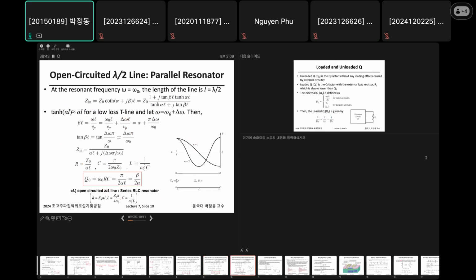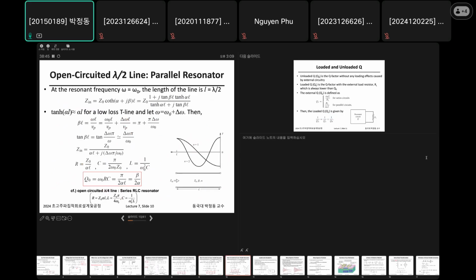Mingyun? Yes, Professor. If you want to implement a parallel resonator with a short circuit, what is the required length of the transmission line?